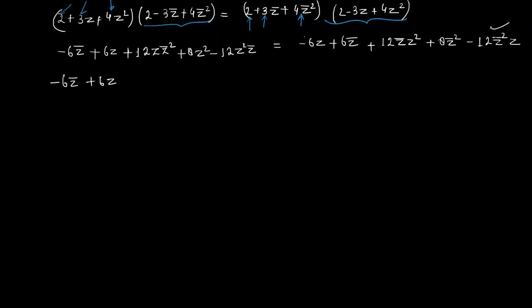Here also there is 12z bar square z, they two will become 24z z bar square plus 8z square minus 6z plus 6z bar. This term will also come in the right hand side, so this will be 24z bar z square plus 8z bar square.